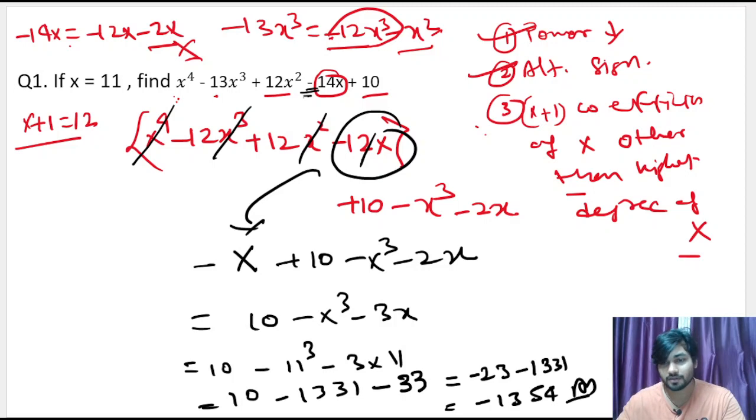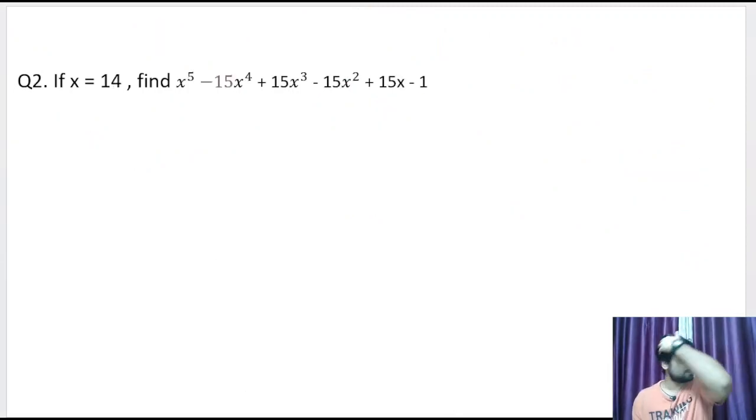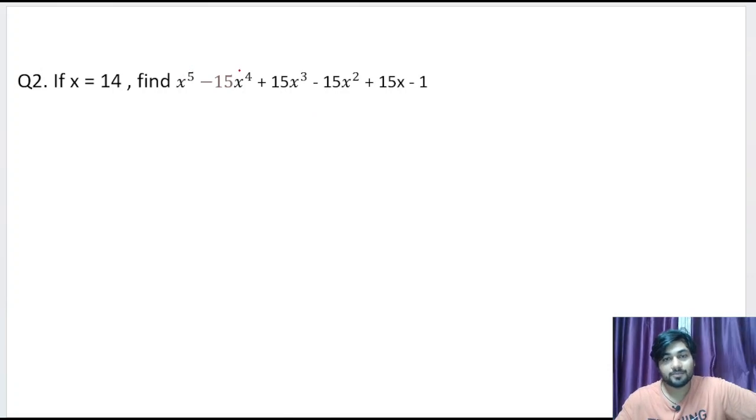So let's move forward. We have another question of the same type, and I request you to pause this video right now and comment down the answer after solving it. What are the three criteria again? Same type of question. Decreasing power: 5, 4, 3, 2, 1, 0. The first criterion is fulfilled.